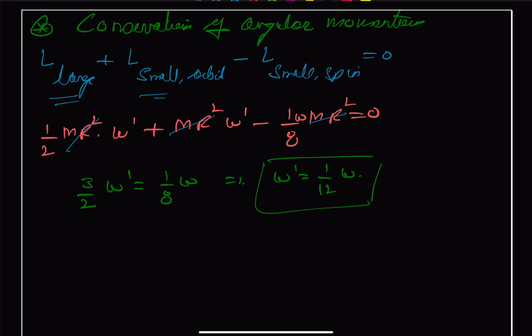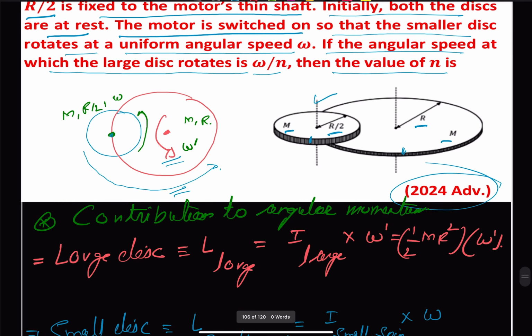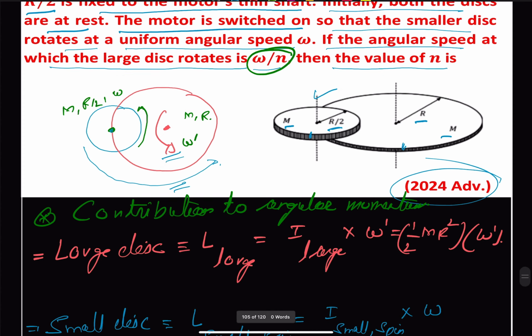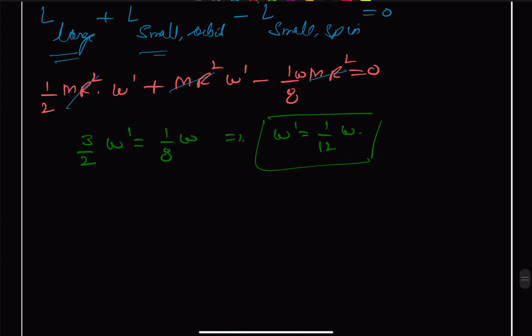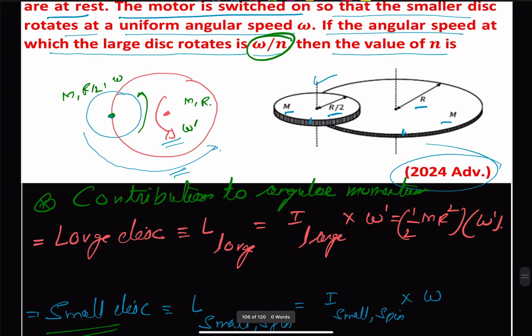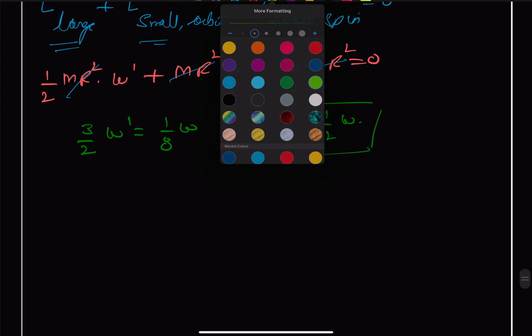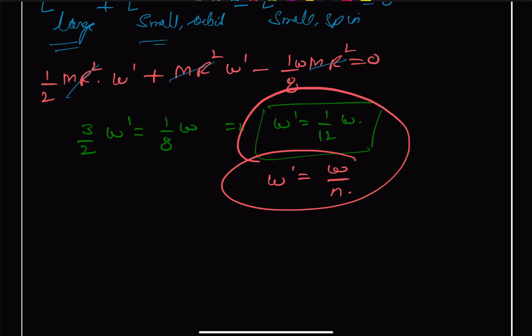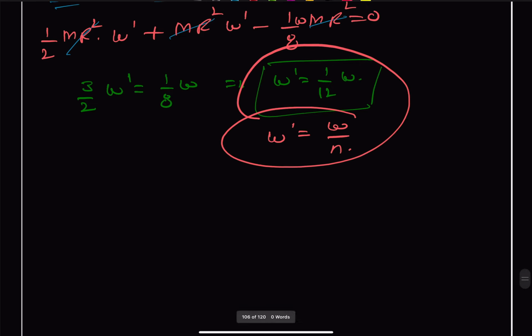This gives us the relationship between the velocities. If the angular speed of the larger disk is omega upon n, and the larger is our omega prime, so we are given that omega prime is omega upon n. Making the comparison, we can say that the value of n is equal to 12.